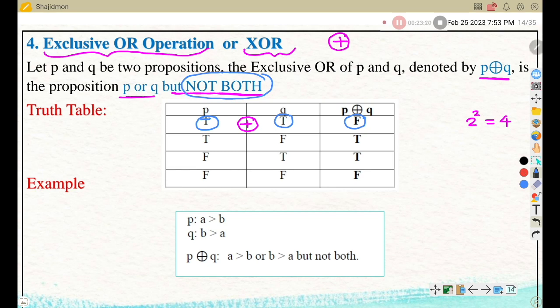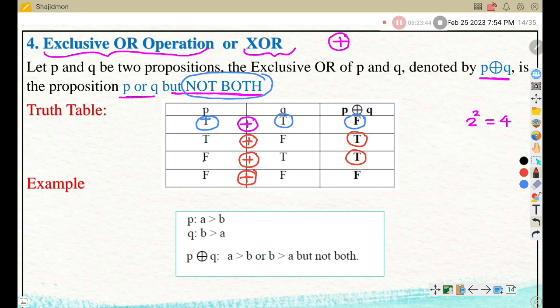For example, the second row, true XOR false means true, because one is true here. False XOR true is true, because one is true. Both are false means the answer will be false. So the answer is false when both are false, and both true is also false.